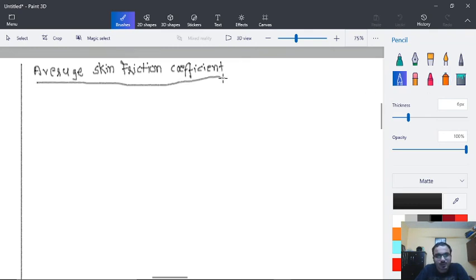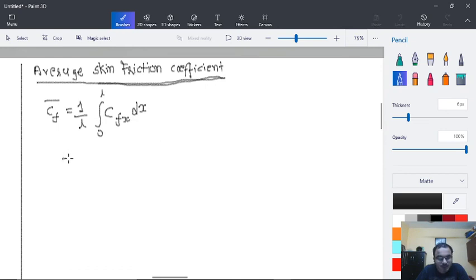So the value of this will be obtained with CF bar, which is given by 1 over L integration from 0 to L of Cfx dx. So this is the standard way we calculate average value with the help of integration.